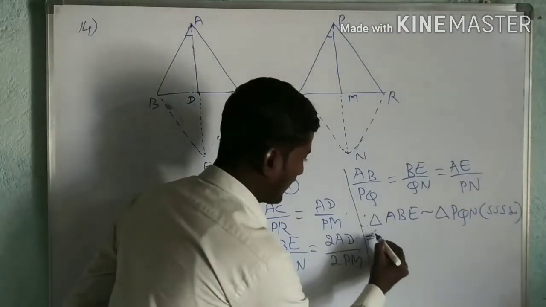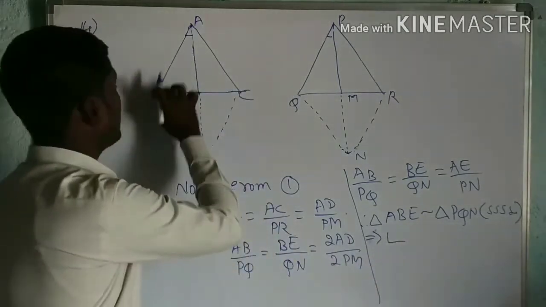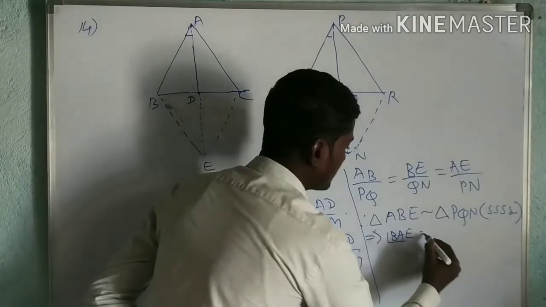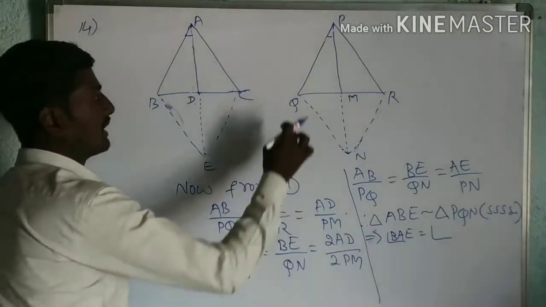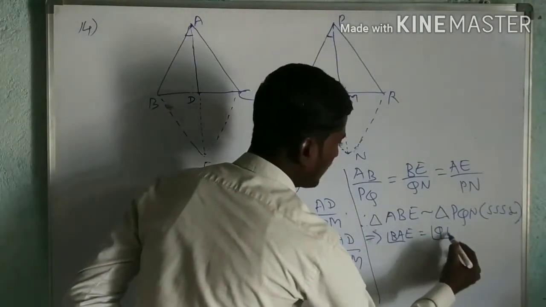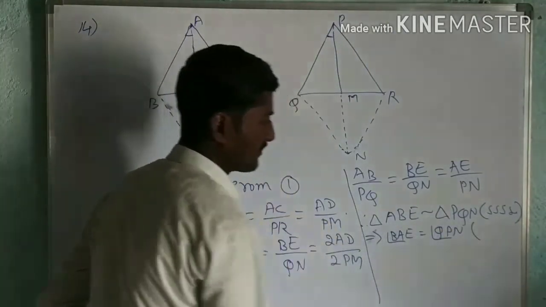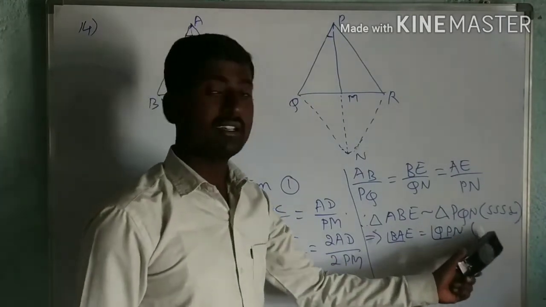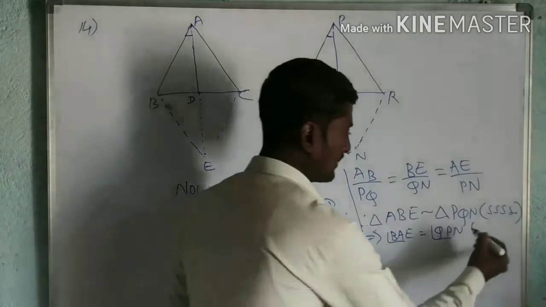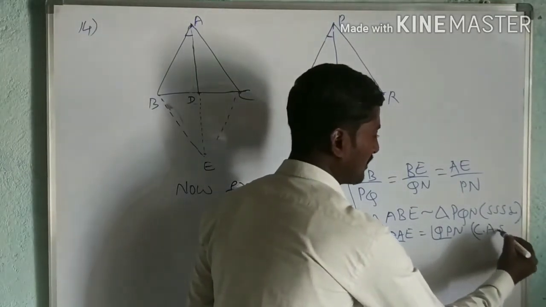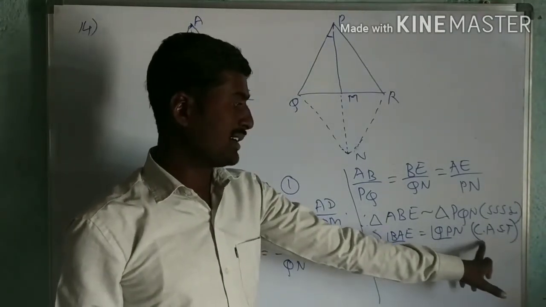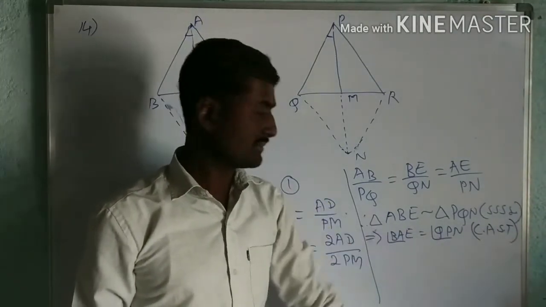So this implies angle BAE is equal to angle QPN, because of corresponding angles of similar triangles. You write it in words.